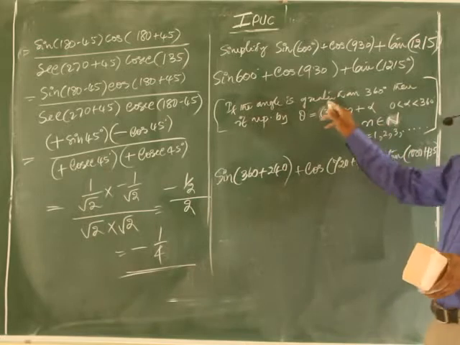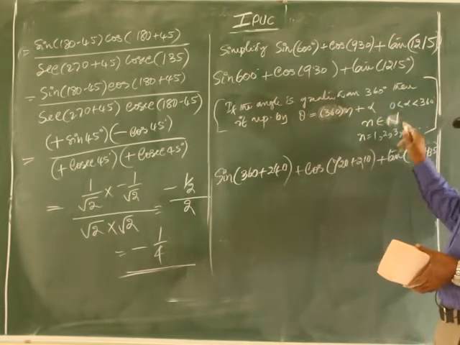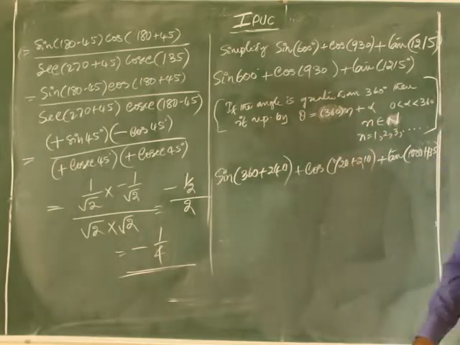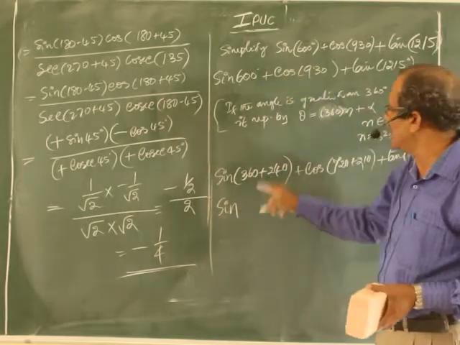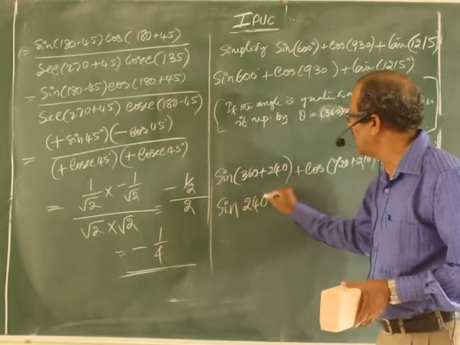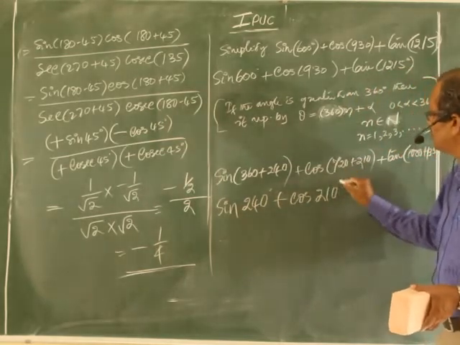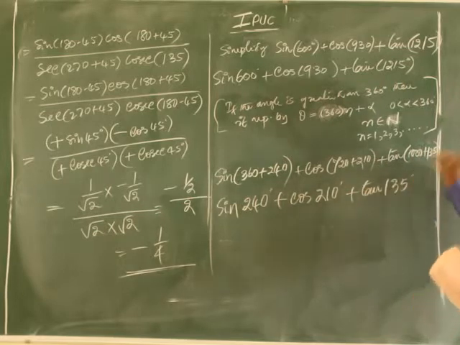If the angle is greater than 360, then you can find alpha such that for all n 1, 2, 3, etc., this can be written in the standard form like this. So, trigonometric ratios of 600 and 240 are one and the same. 720, leave it. 1080, leave it. Yes.